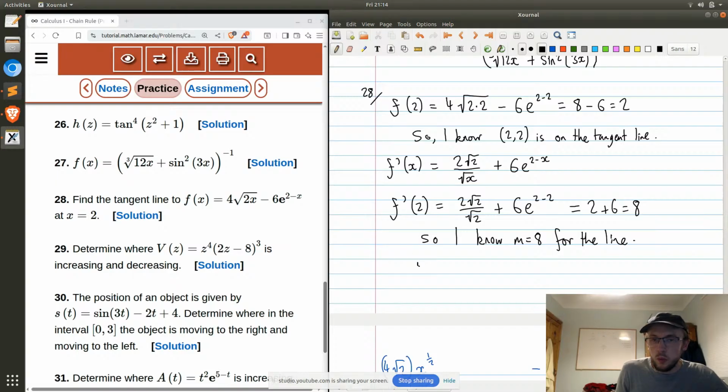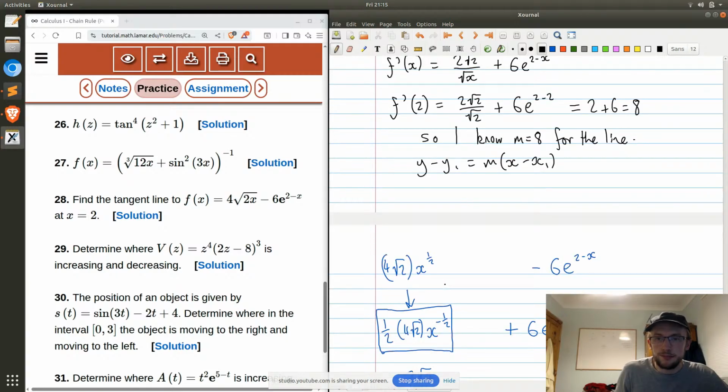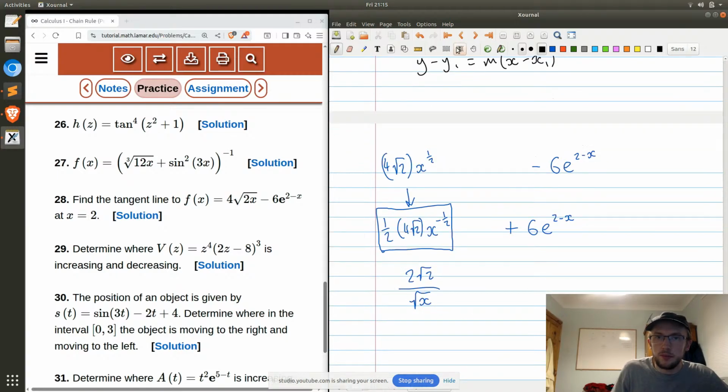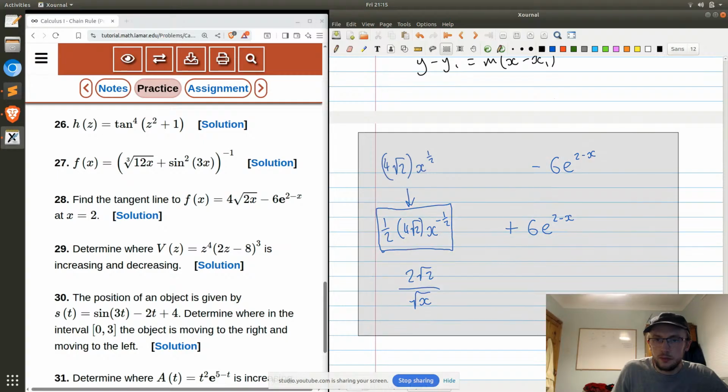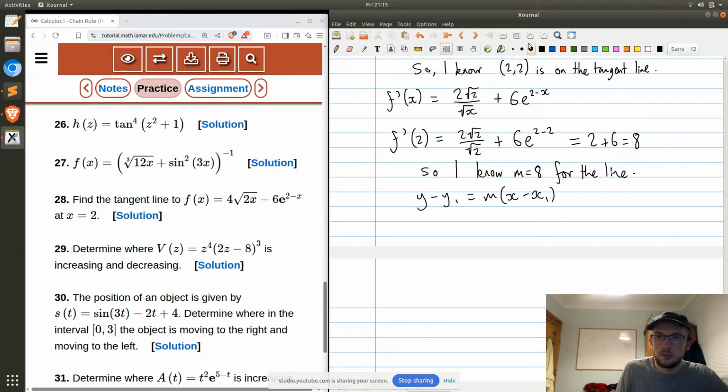Now, y minus y1 equals m times x minus x1. Oh no, now I've run out of room. y minus 2 equals 8 times x minus 2.